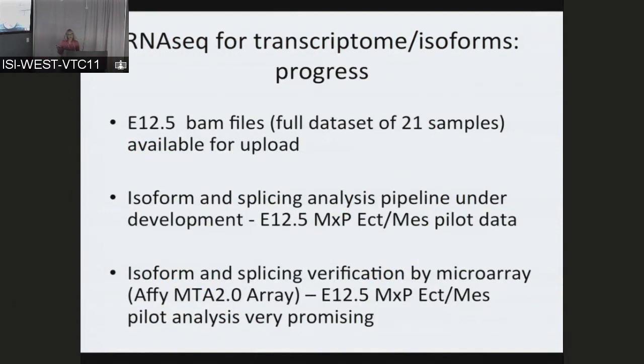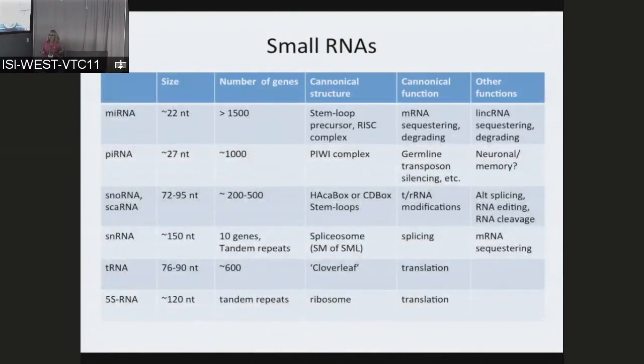And the other thing that we're working towards, which is a little bit more thorny, is dealing with the small RNAs. Okay, so when I'm talking about small RNAs, I think I'm talking about something a little bit smaller than what Axel Fizzle was talking about with his enhancer-derived RNAs. So microRNAs that we're all familiar with, about 22 nucleotides. PiRNAs are a little bit larger.